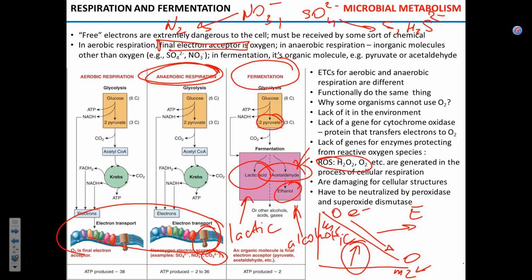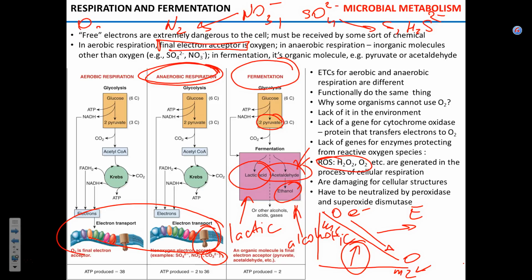Reactive oxygen species. Many of you have a bottle of reactive oxygen species solution in your cabinet where you store hydrogen peroxide, one of the reactive oxygen species that is formed in the cell.